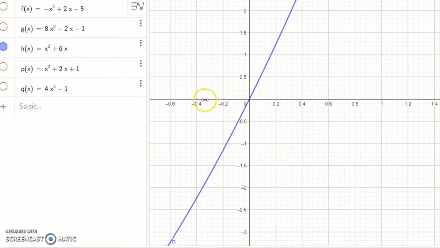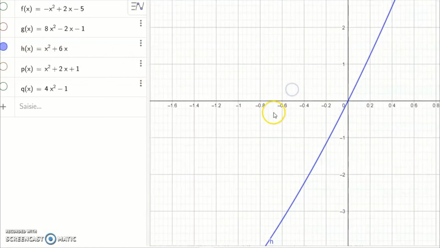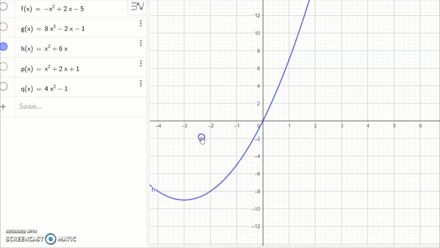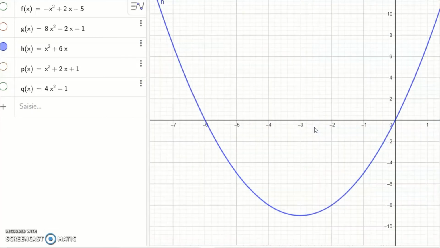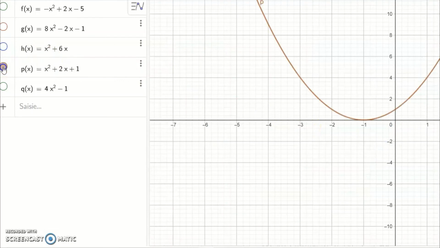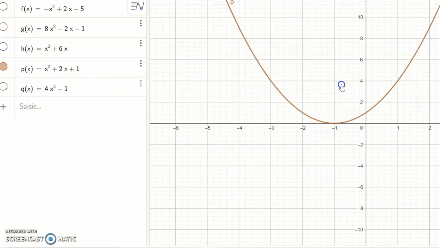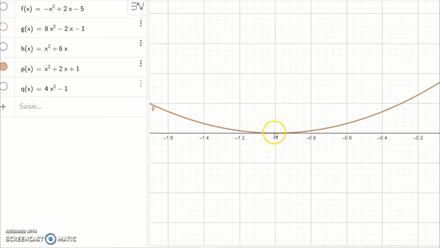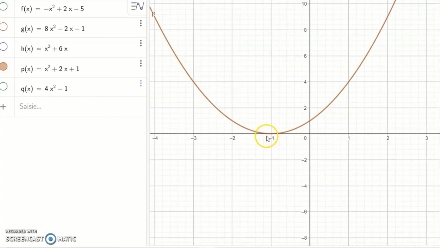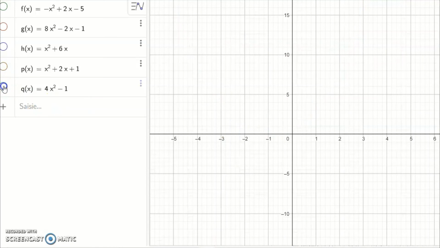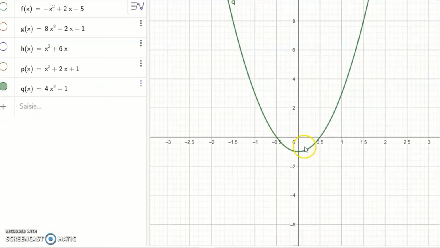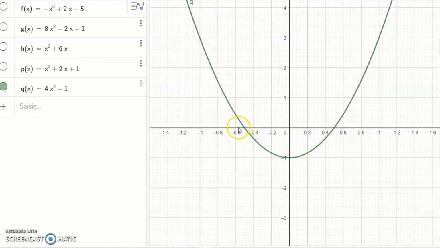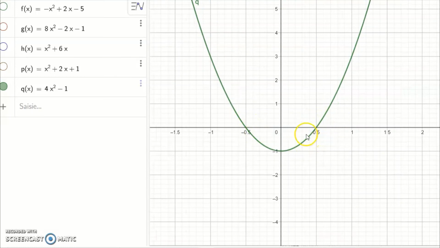For the third one, we have two solutions, 0 and -6. For the fourth, only one solution, -1. And for the last one, we have two solutions, -1/2 and +1/2.